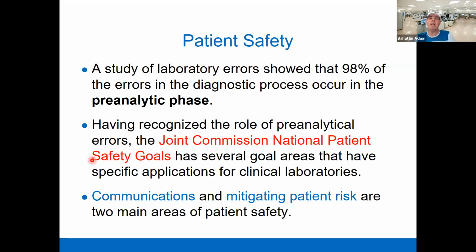Having recognized the role of the pre-analytic errors, the Joint Commission National Patient Safety Goals has several goal areas that have specific applications for the clinical laboratory. We are going to use some of them in the clinical laboratory in order to make it safe for patients and for the lab staff.